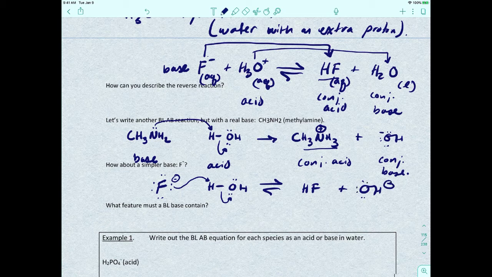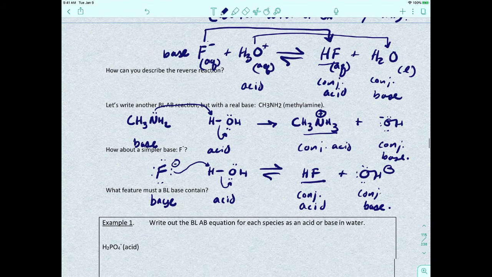So again, F minus, your fluoride, would be your base. Water, because it's donating the proton, would be your acid. That means HF, since it's an acid on the right-hand side, we call this conjugate acid. Hydroxide ion, conjugate base.